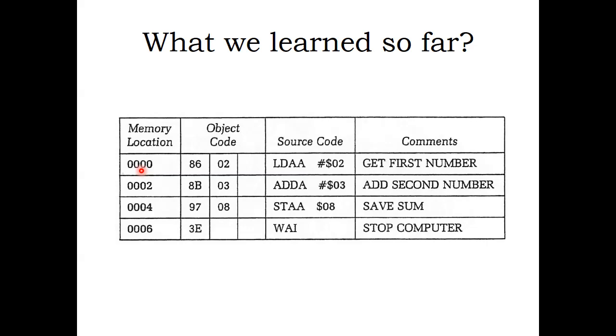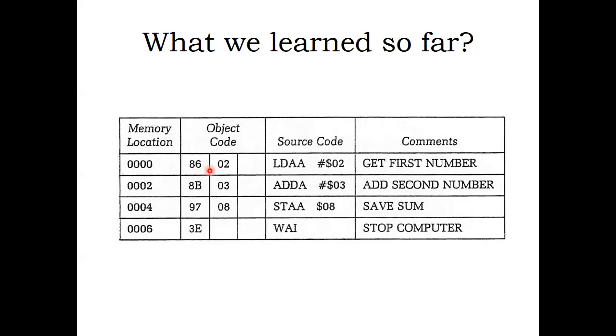What I'm saying is the address of this line is 0000, which always means the address of the first byte of the line. Anytime I say the address of this line is this, that is the address of the first byte of the line, because in one line you can have 1 byte, 2 bytes, or 3 bytes.